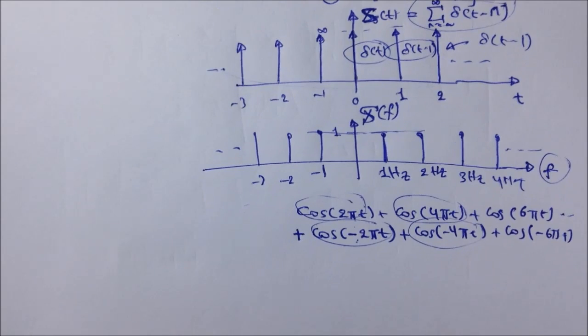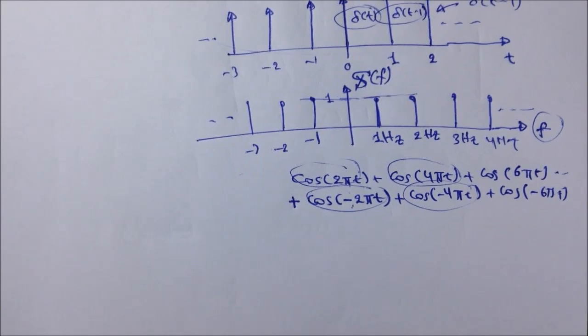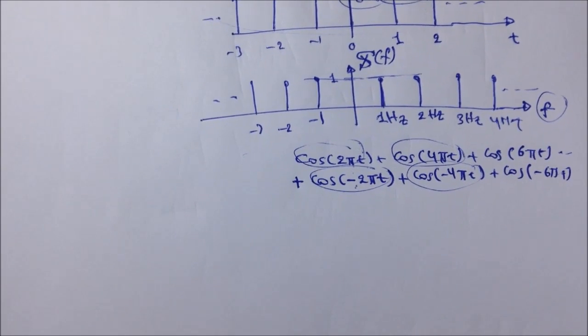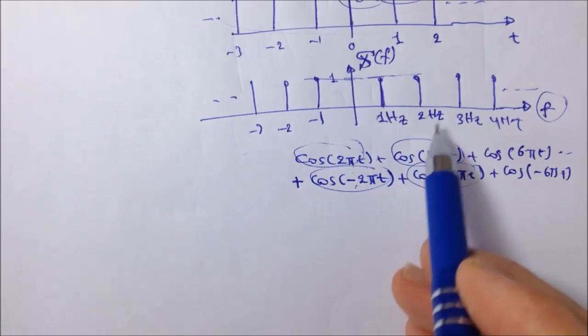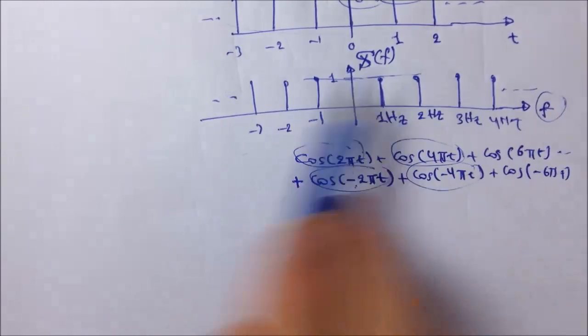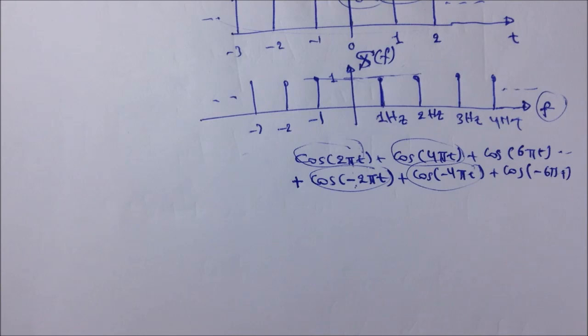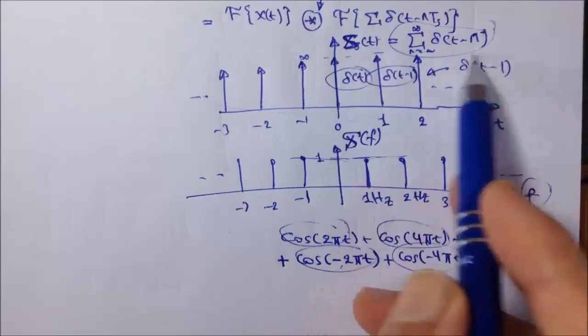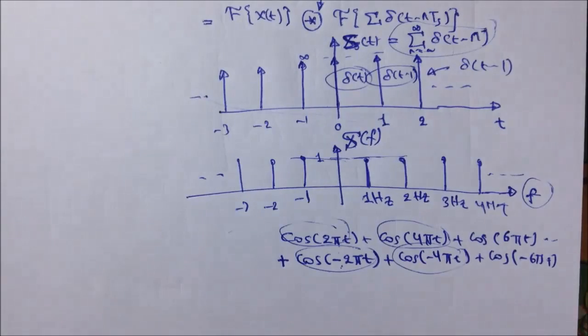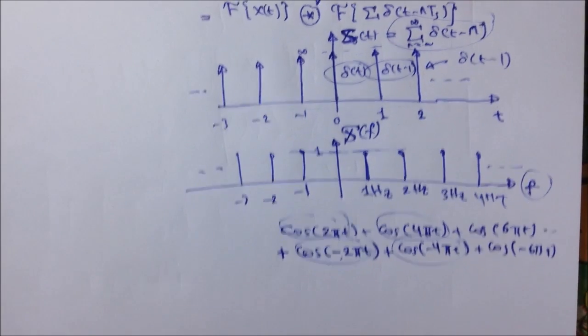So that means that we have proved the spectrum of s of t is S of f, which is this function. We have proved this graphically, and you have to prove it analytically using Fourier series, because s of t is a periodic function in the time domain. Use Fourier series to evaluate the spectrum S of f, and I'll give you the answer.